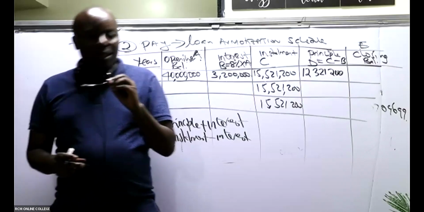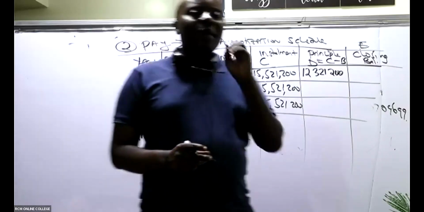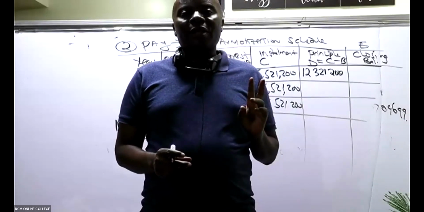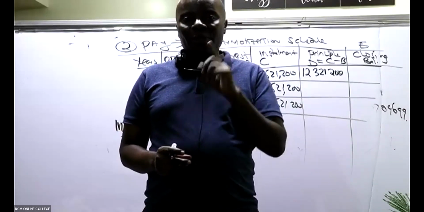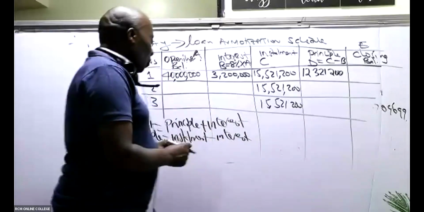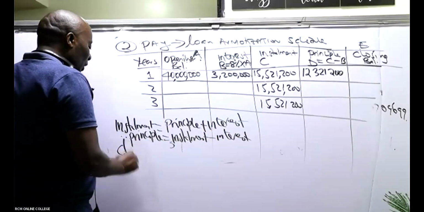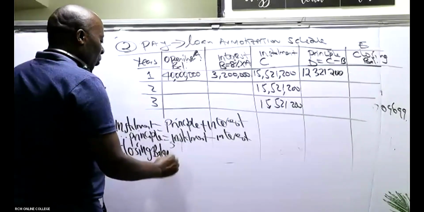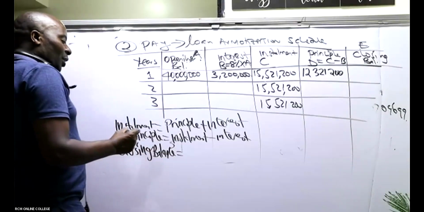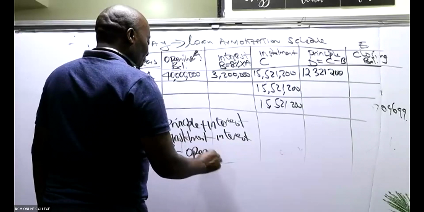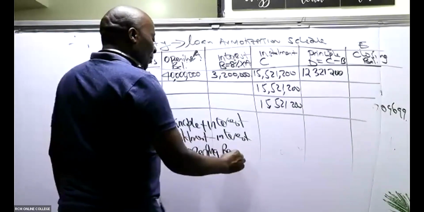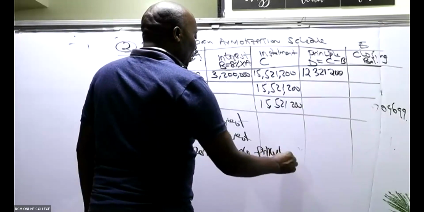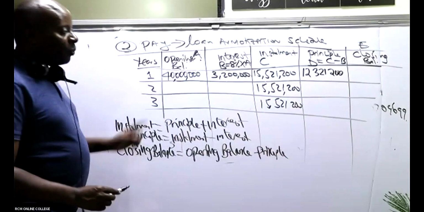Yeah, great. So in this case, remember, your balance can only be reduced by the principal payments, nothing else. So in short, for us to be able to get the closing balance, we shall take the opening balance minus the principal.